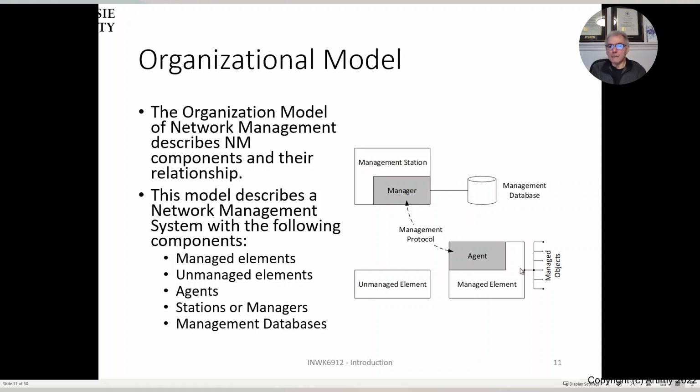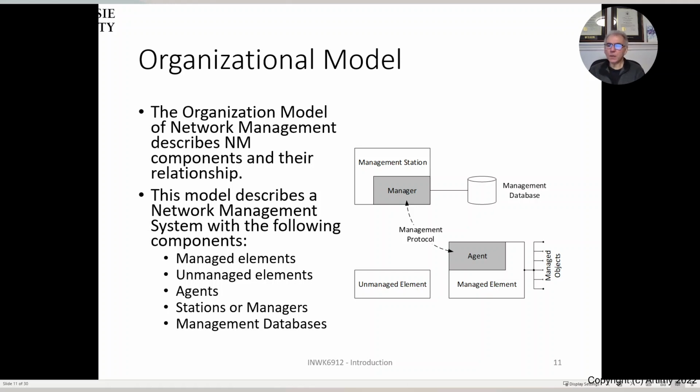Okay, now in both the managed element and the management station, you are connecting two computers together. They're not going to start managing each other. You need software, right? And the organizational model here talks about a model that uses agents.